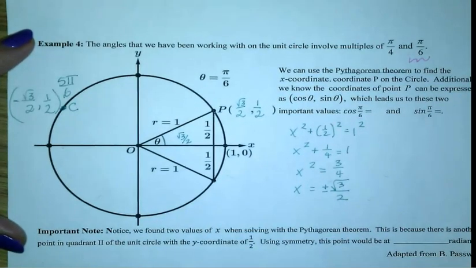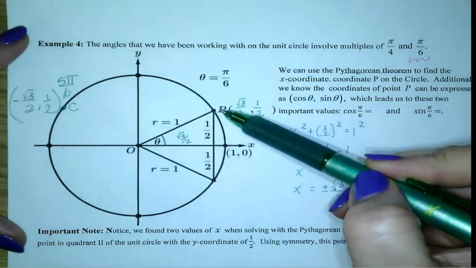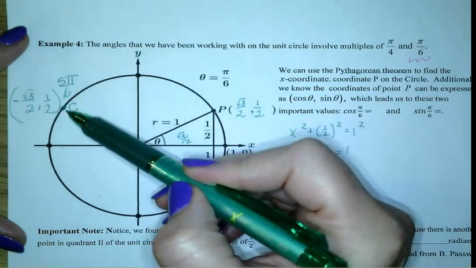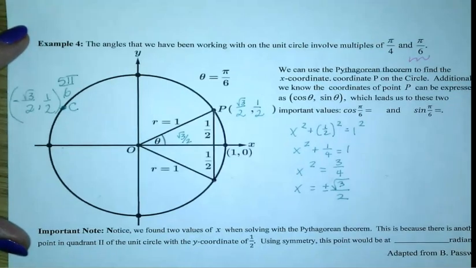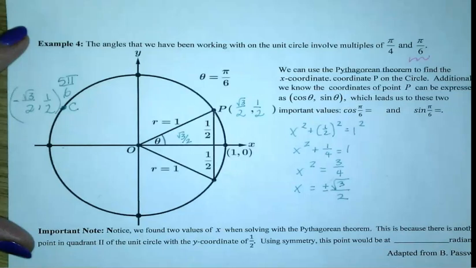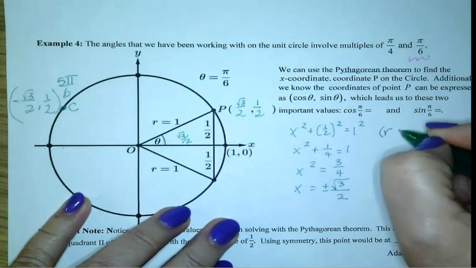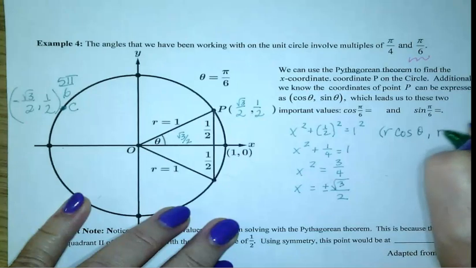Did you get 5 pi over 6? Well, I hope so. But again, if we were going to count it around, we could say 1 pi over 6, 2 pi over 6, 3 pi over 6, 4 pi over 6, 5 pi over 6. So just keep that counting skill around. But as we come back to the point we were talking about, point P, we could actually come up with a coordinate now that we know, because remember now we're using r cosine of an angle, r sine of the same angle.